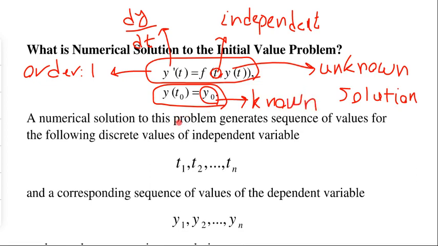It is known. So here we want to solve this first order ordinary differential equation subject to this initial condition. This is the simplest form of initial value problems related to ODEs.